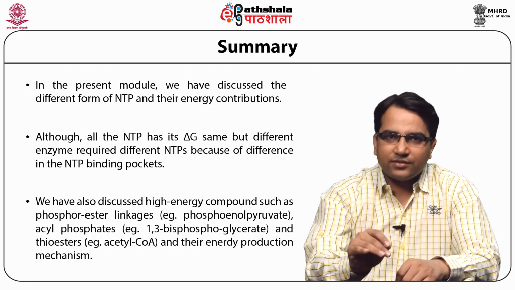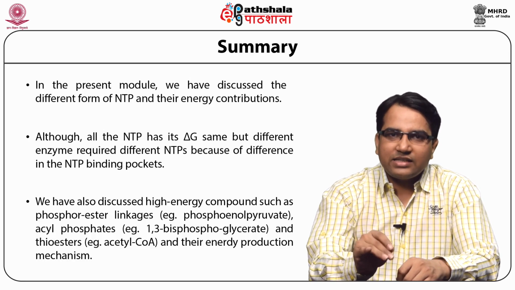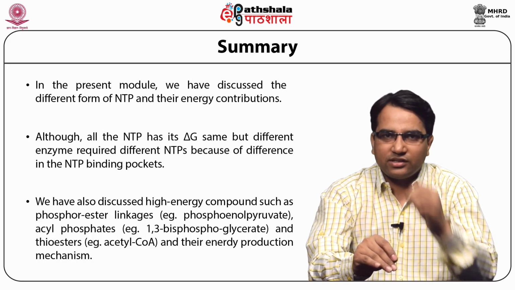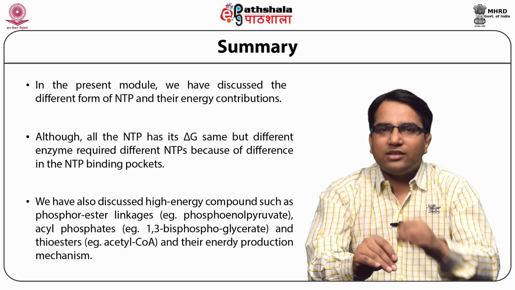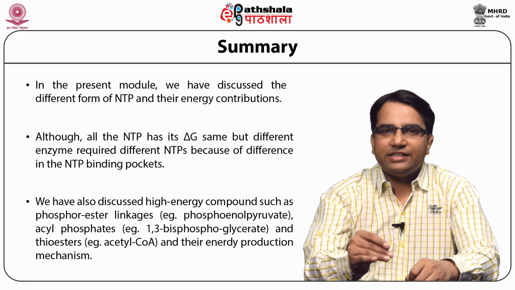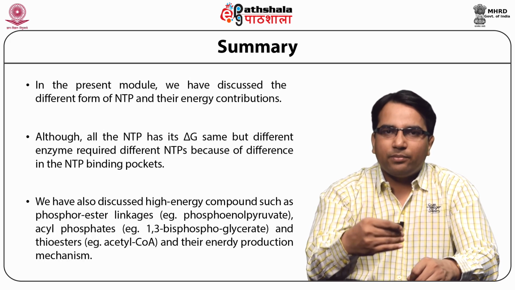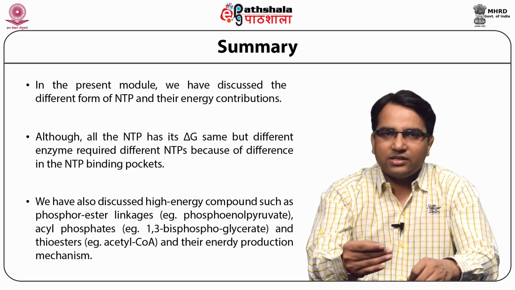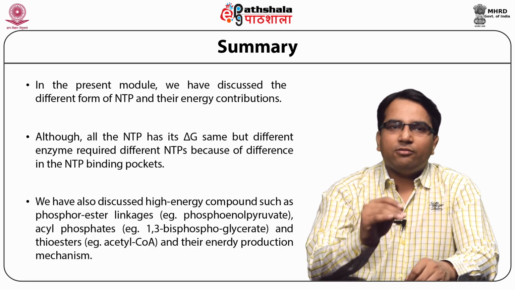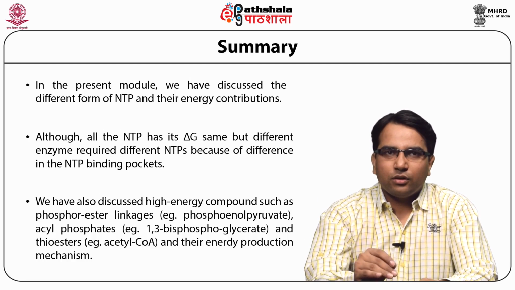We have also discussed the significance of thioesters such as acetyl coenzyme A for ATP production, and how acetyl coenzyme A itself has a delta G negative, and that will help make metabolic reactions favorable. And we have also discussed their energy production mechanisms.